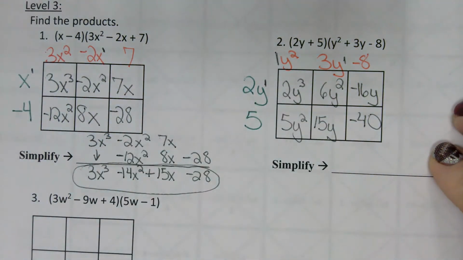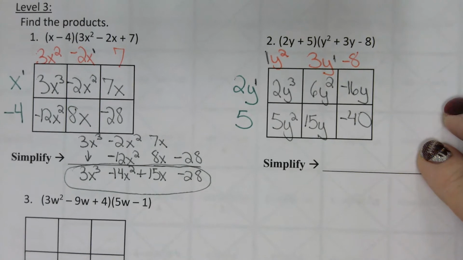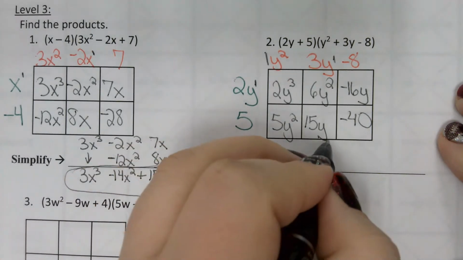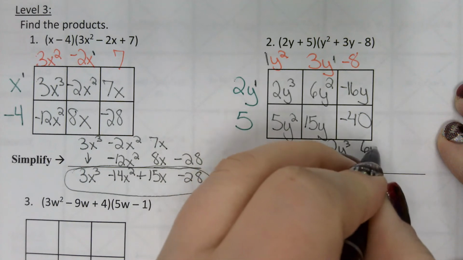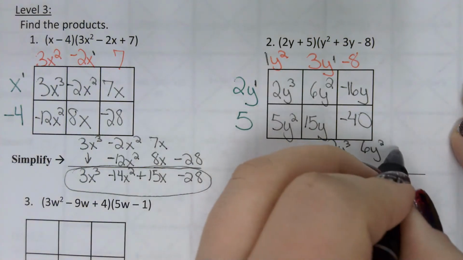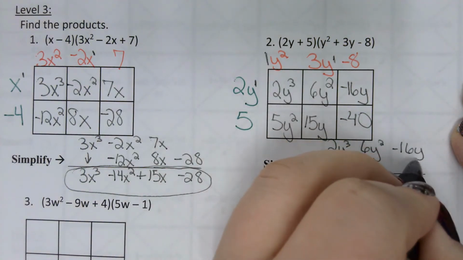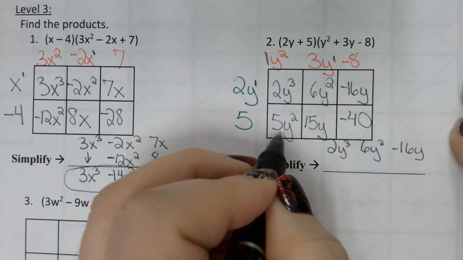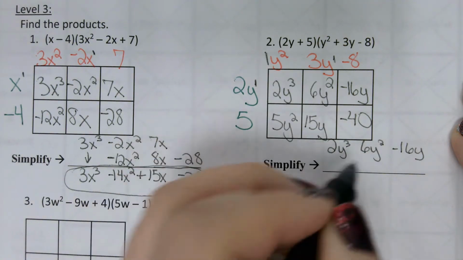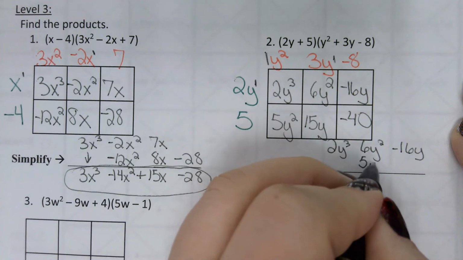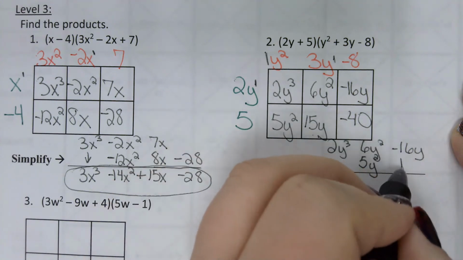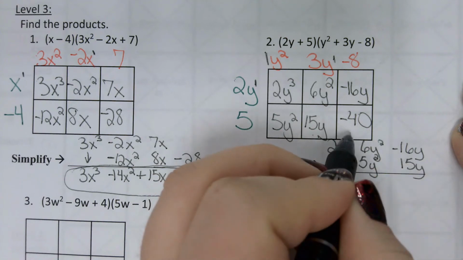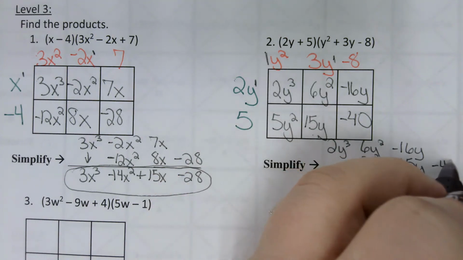Now we'll look for like terms as we start to write the terms that are in the boxes. 2y to the third, 6y squared, negative 16y. Oh, there's our first like term, 5y squared. It's going to go underneath the y squared term. 15y will go underneath our y term. And negative 40 gets its very own.